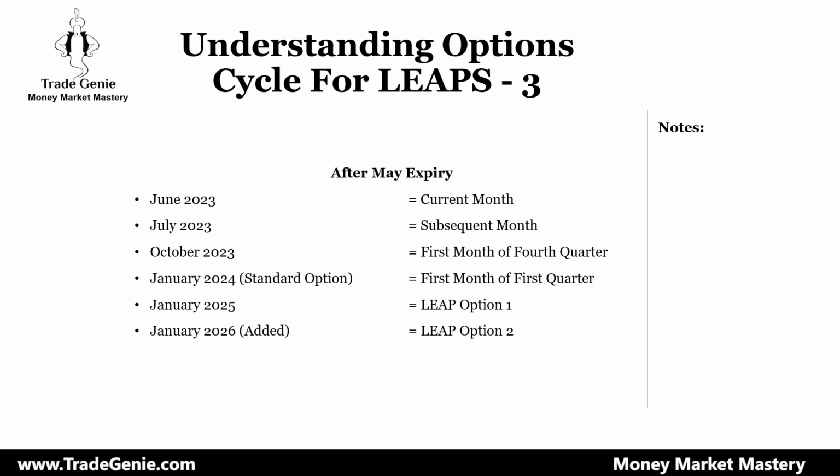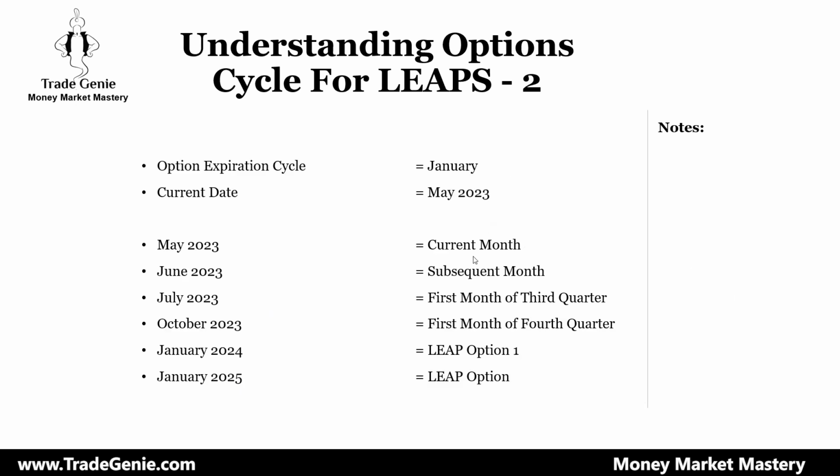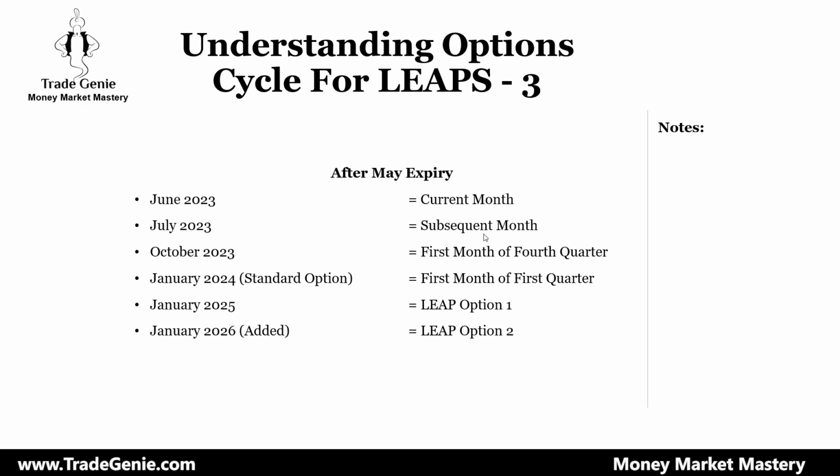Now, what happens when the month of May expires? May is gone, third Friday gone. When the third Friday of May is gone, then June, which was the subsequent month, will become the current month, and July will become the subsequent month.